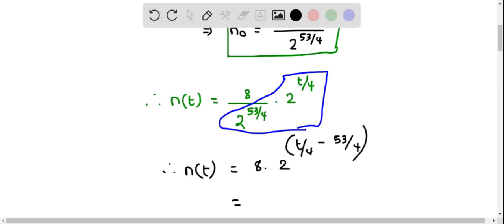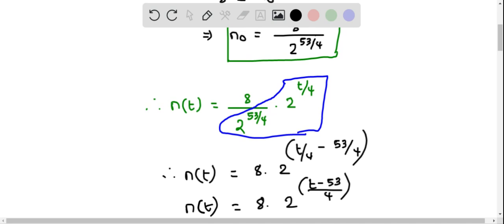Let's simplify this. So this equals 8 times 2 raised to the power of, we have the common denominator 4, so we can put this as t minus 53 over 4. So this basically represents the number of bacteria model, that is N(t) equals 8 times 2 raised to the power of t minus 53 over 4.